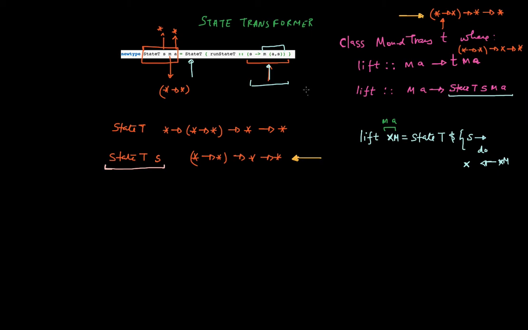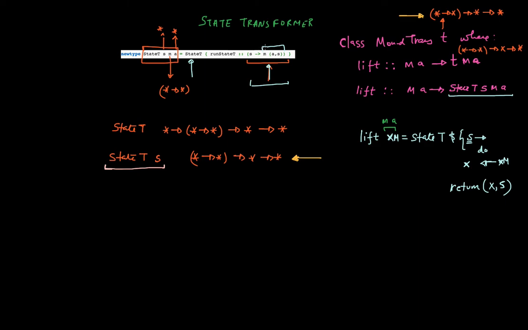I've got the pure value x now, and what I need is to take this value x and put it in a tuple. So I create my tuple here with the value x and my state s, whatever the state s at that point was. Finally, I wrap it up again in a monadic value by passing it to return to get this final m.